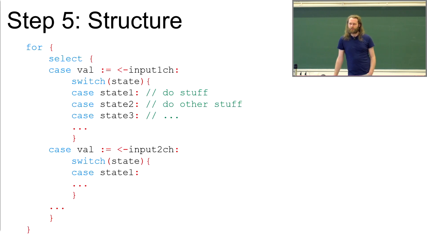You have the outer loop, which is the for loop, then you check the inputs, which are going to arrive as messages on some channels, and then you have a switch on the state machine states, and then for each of the states, do stuff or other stuff. Make sense? So this is what like 90% of you are making as part of exercise 4, if you're programming in Go or any other message passing language.